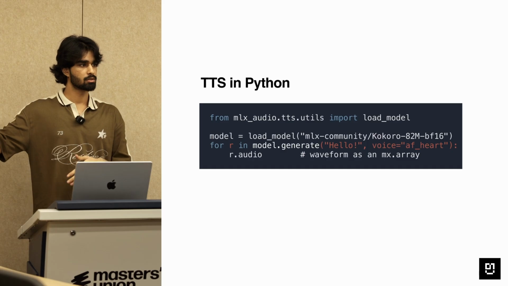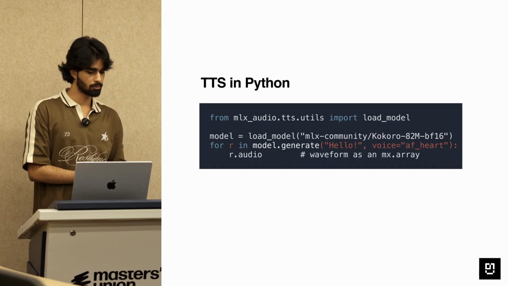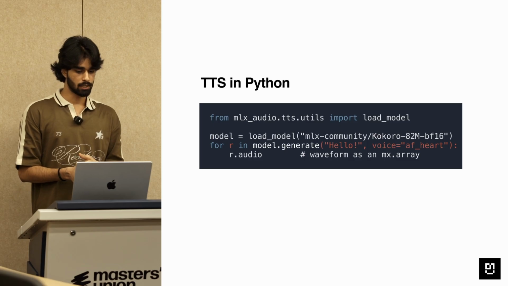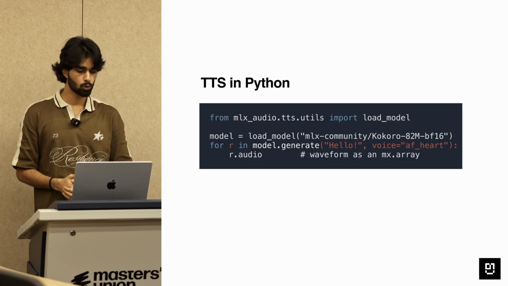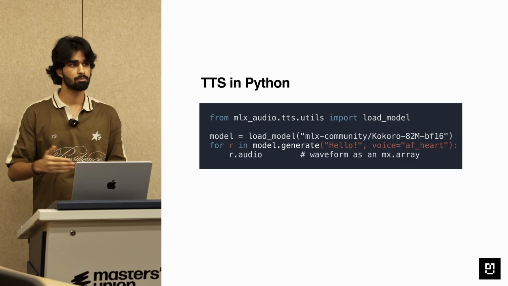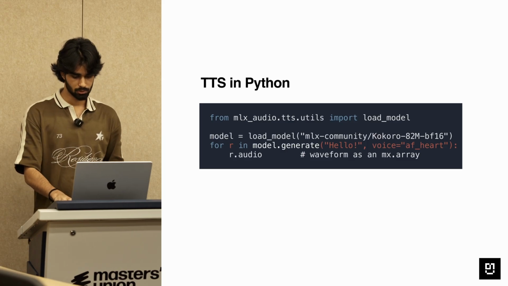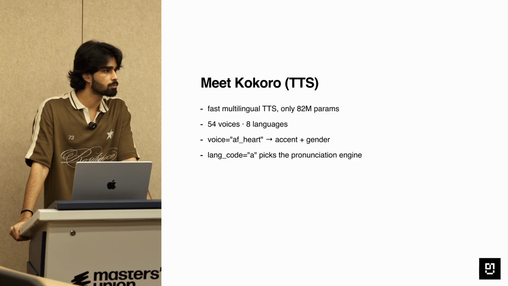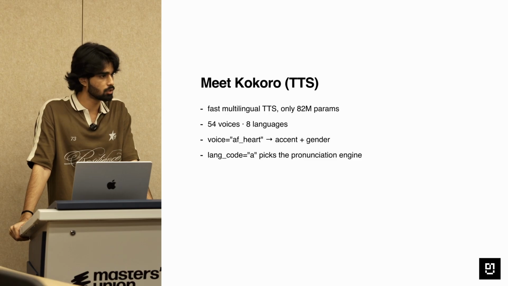This is baked for the MLX community by the MLX community, for MLX. So this is specific to MLX, and with just a for loop you can get chunks of audio, which is a waveform eventually, so you can stream the audio. That's mostly it.